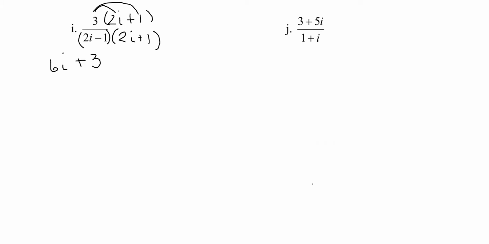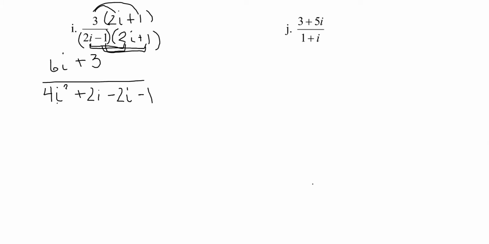Now on the bottom, when I multiply, 2i times 2i will give me 4i squared. 2i times 1 will give me plus 2i. Negative 1 times 2i will give me negative 2i. And negative 1 times a positive 1 will give me a negative 1.